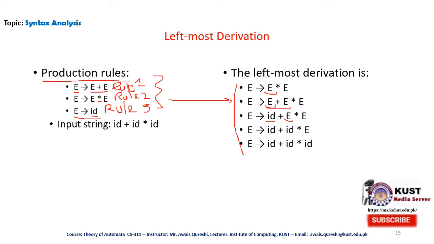Here you can see we have replaced these two E's with their corresponding ids, and at the last we have only one E, so in the next step we have replaced this E with id as well. So this is called the leftmost derivation.